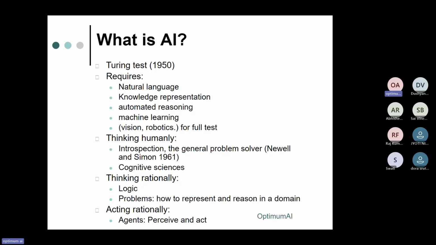Machine translation also developed and matured into natural language processing. And we have other concepts of AI such as knowledge representation, reasoning, machine learning, and then slowly we got into problem solving related to humans thinking humanly, logic and problem solving, then AI agents acting rationally.